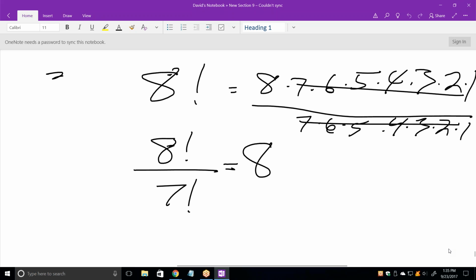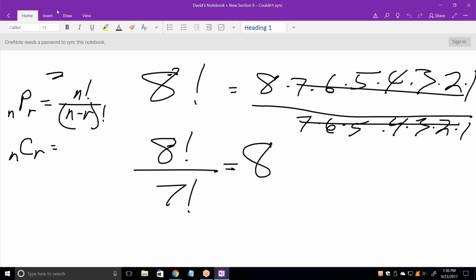Well, if I said to you, nPr, you know what that means? It means n factorial over n minus r factorial. And this is where probability comes into play. If I say nCr, both of these are big in probability.